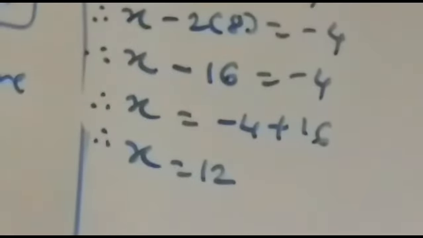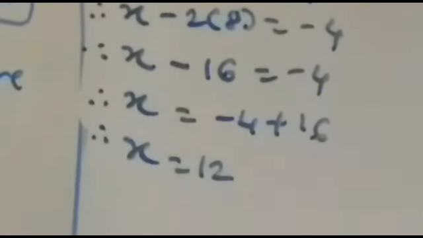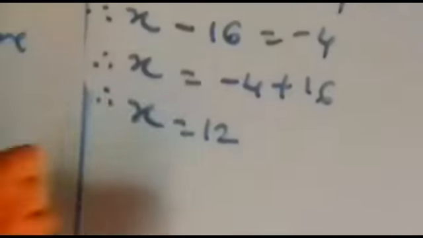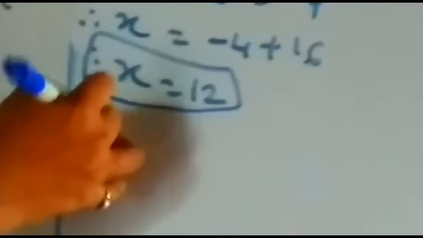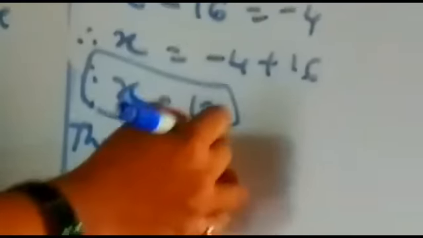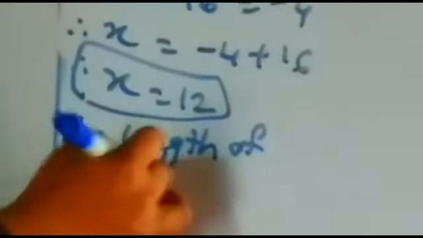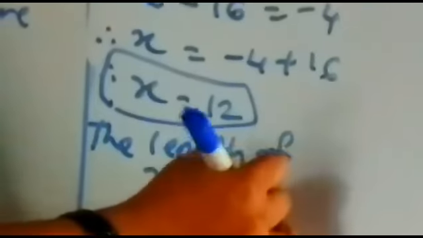From the value of x and y we calculate the length of the rectangle. Of any opposite sides, we take one side.